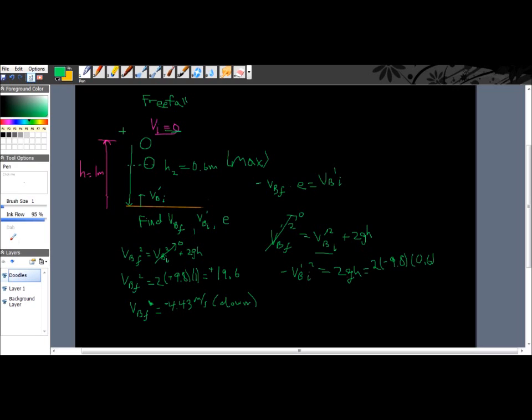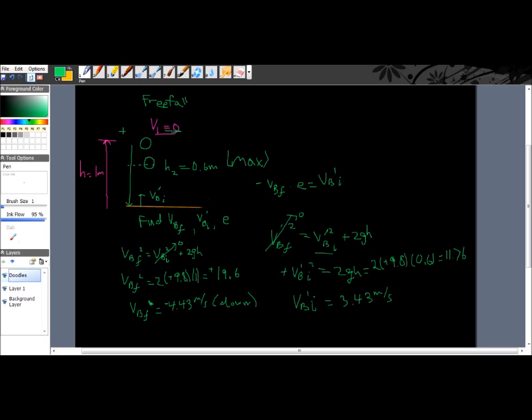And so we can multiply both sides by negative 1, and we can make those positive. So VB initial prime is equal to the square root of 2 times 9.8 times 0.6. So the square root of 11.76, which is about 3.43 meters per second.